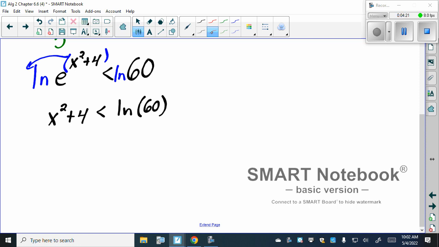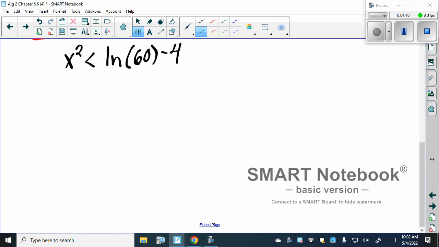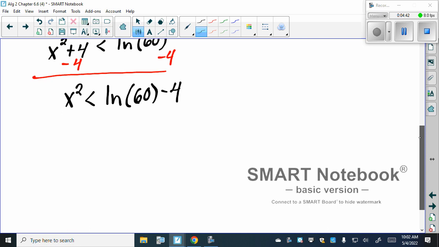What do we need to do next to get x by itself? We need to minus 4, which tells us that x squared is less than the natural log of 60 minus 4. Is x by itself?